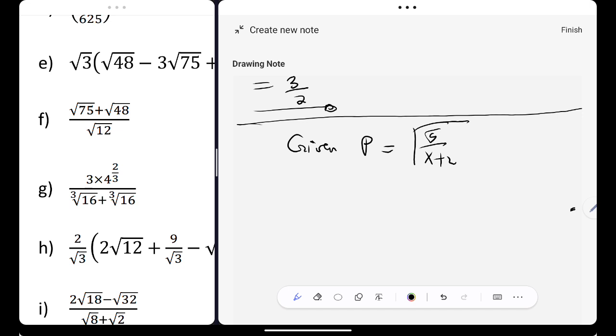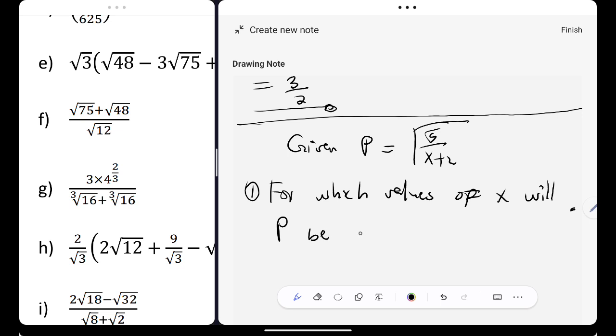Then you ask question number 1: for which values of x will p be a real number?